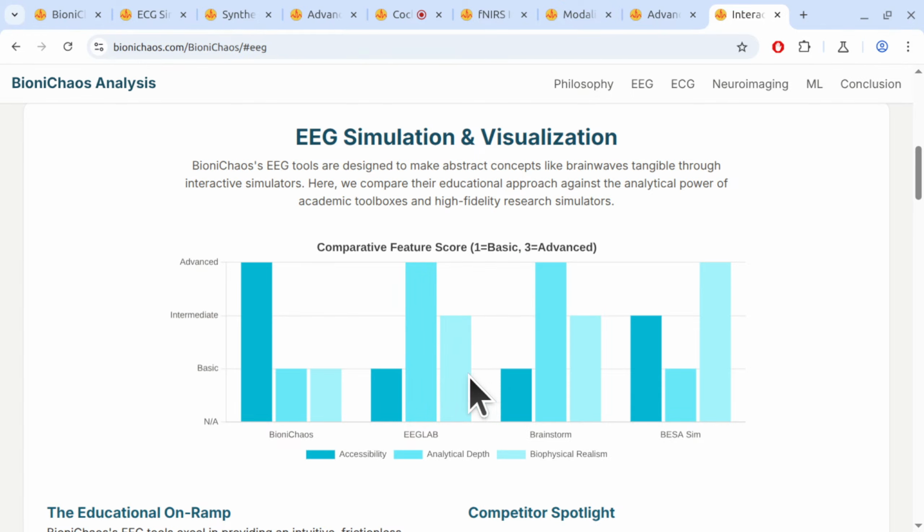EEG Lab has advanced analytical depth. I'm getting stuck a bit. Can you go again? Sure. Focusing on EEG Lab, it has advanced analytical depth, basic accessibility, and intermediate biophysical realism.